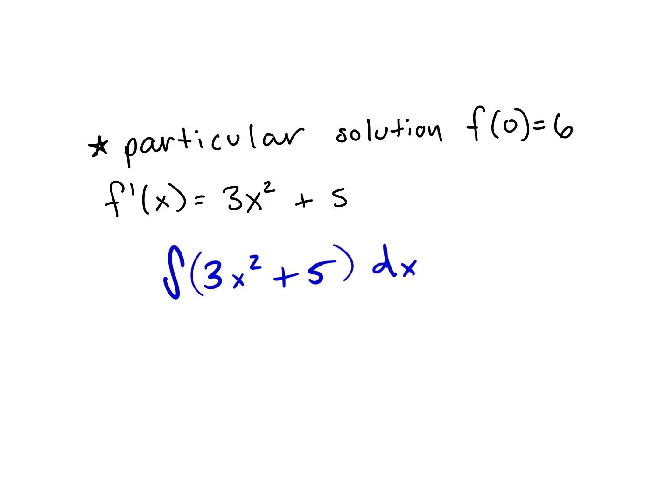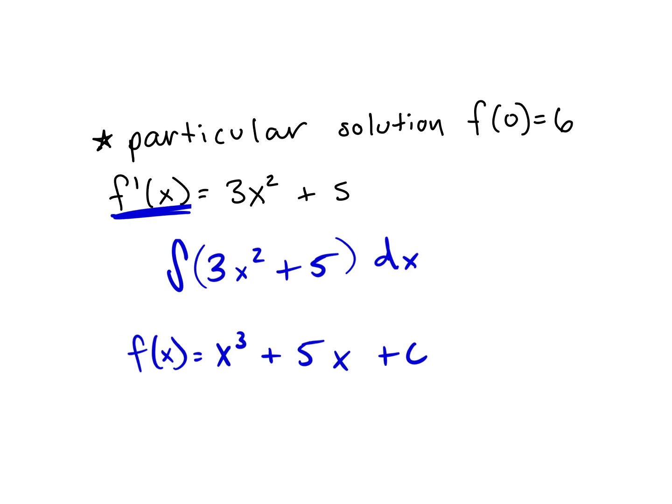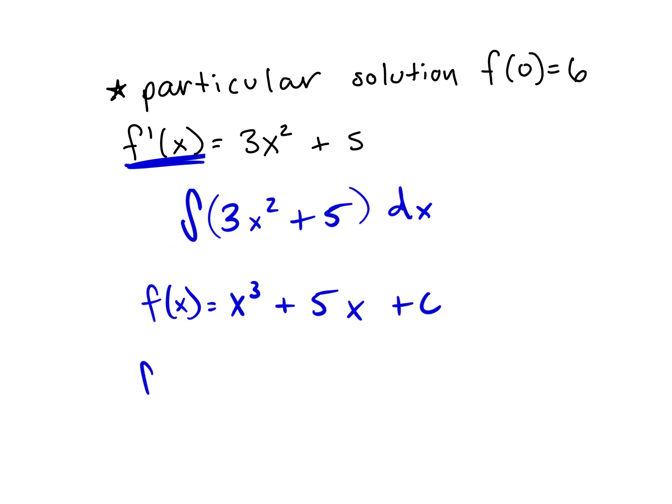So we can just find our antiderivative of each term separately: add 1 to the exponent, divide by the new exponent, so this would be x cubed plus 5x plus c. So this would be f of x, because we found our integral of the derivative, so it's now just f of x.